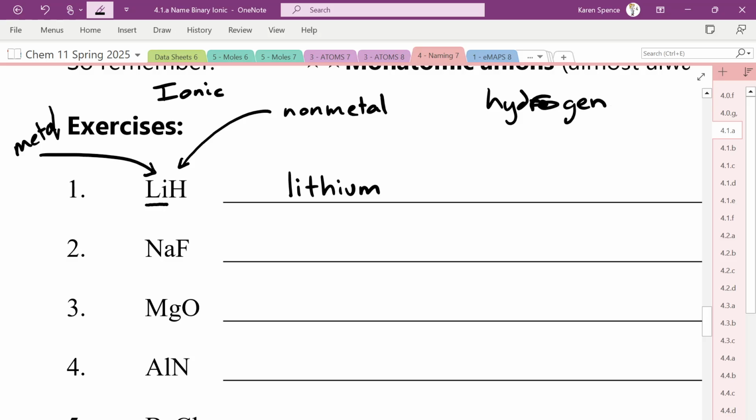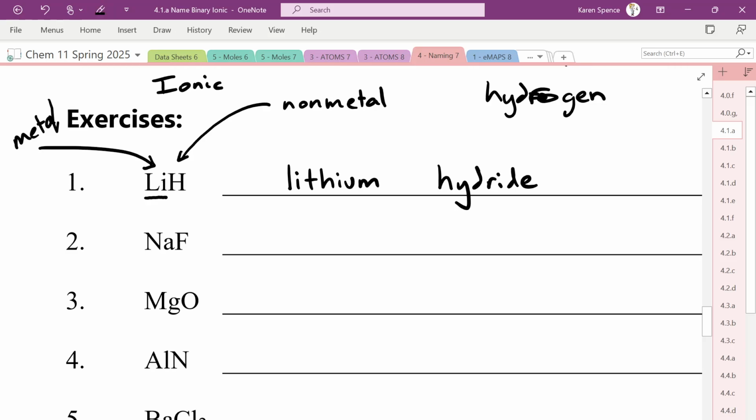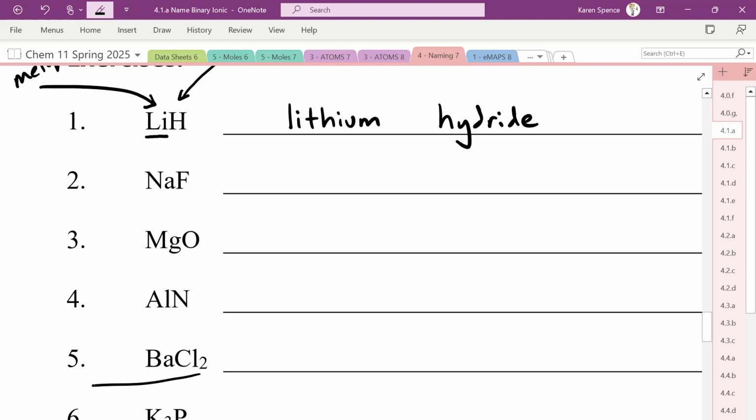But remember, the names are only going to have 2 syllables. So it's going to be hydride. Hydride. Okay? And you can ignore the subscripts for now.